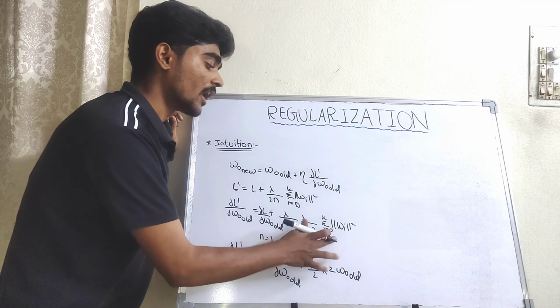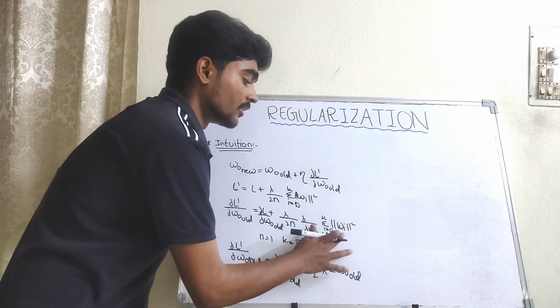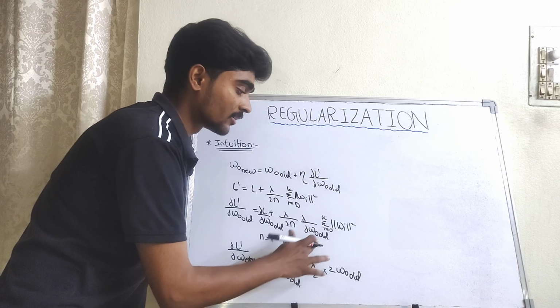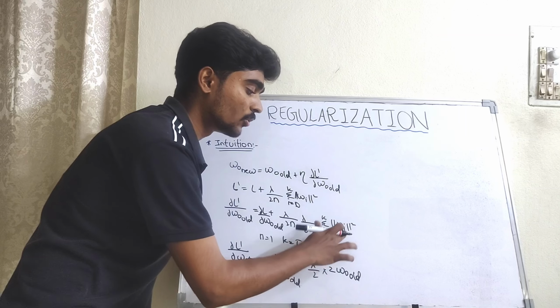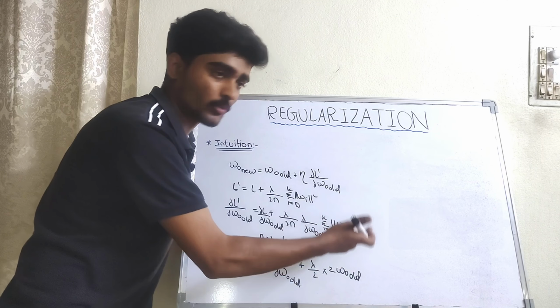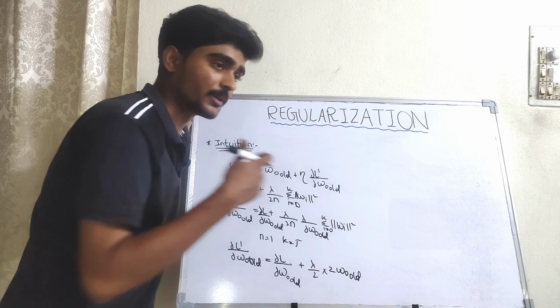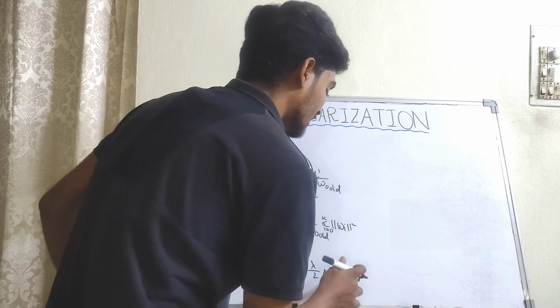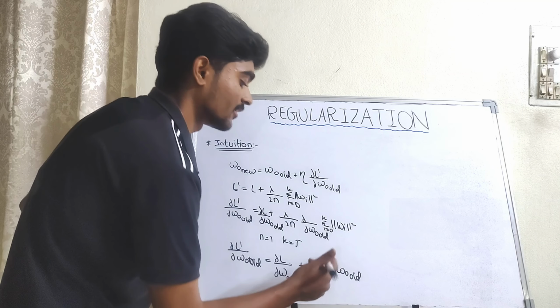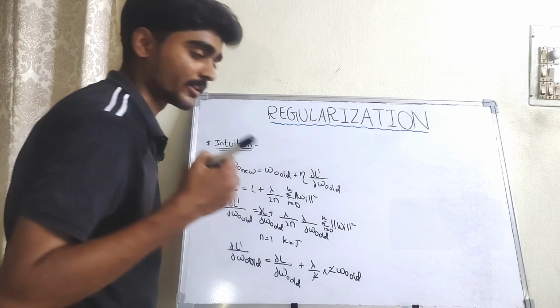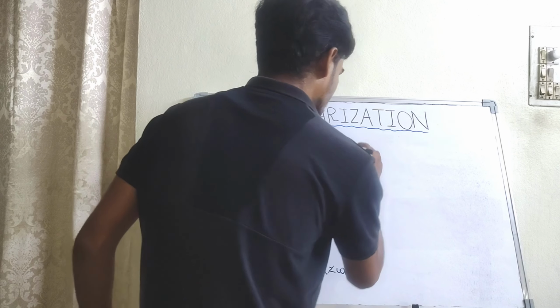I becomes 1, and the other terms become 0, so that is why I have written it this way. My 2 and 2 get cancelled.